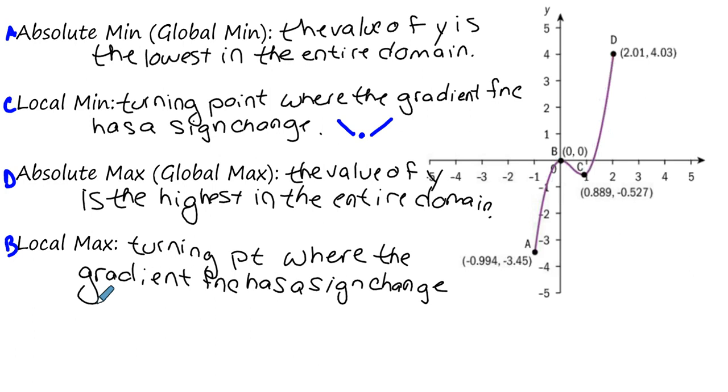A local max is at B because it is increasing, 0, decreasing. Increasing, 0, decreasing. Another way you can think about it, for a local min, it has a negative slope to the left and a positive slope to the right. I just talked about increasing and decreasing.